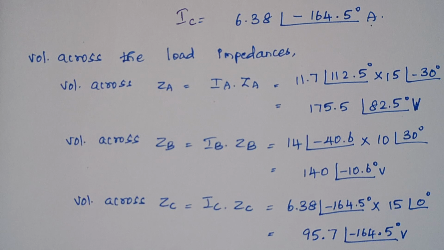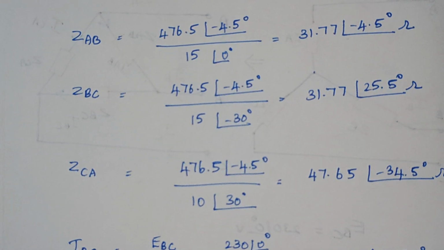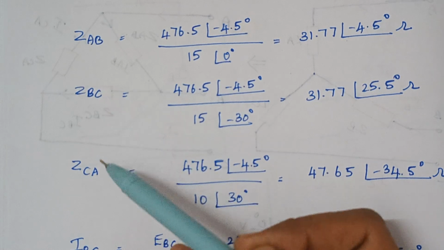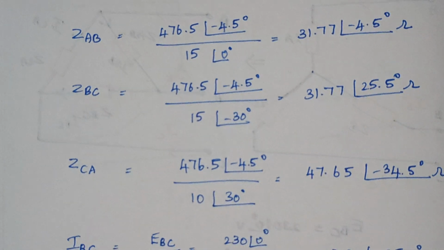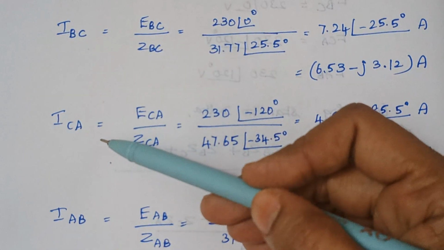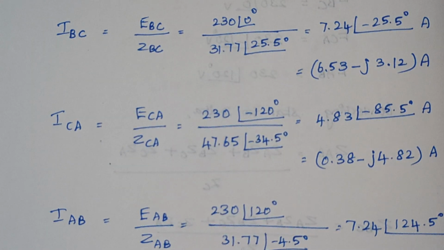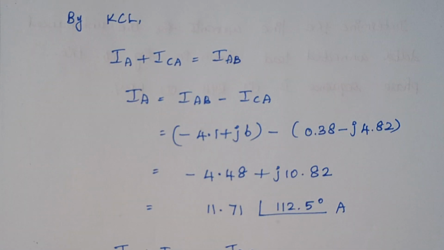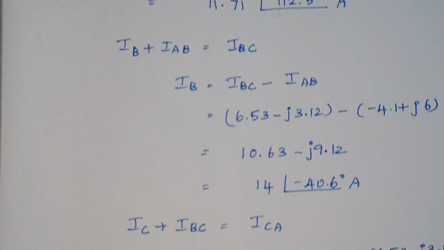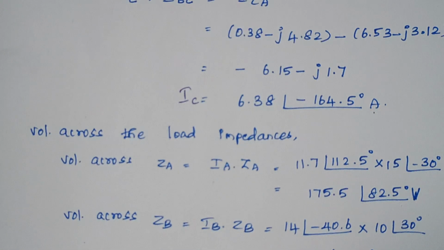For example, if you didn't find the correct values of ZAB, ZBC and ZCA, it impacts your currents IBC, ICA and IAB. This in turn affects your line current values, and these line currents will affect the voltage drop across your different impedances.